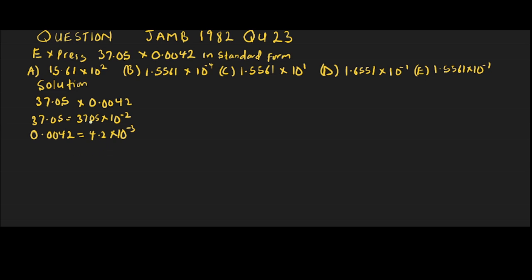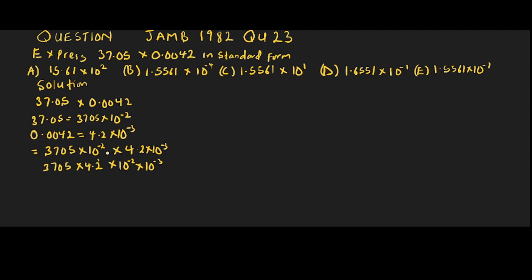Back to this now, we can have 3705 times 10 raised to power minus 2 times 4.2 times 10 raised to power minus 3.